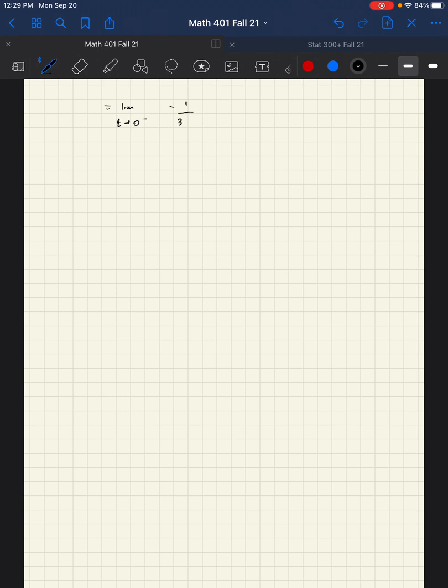So the limit as t approaches 0 from the left of -1 over 3x cubed from -2 to t, plus the limit as s approaches 0 from the right of -1 over 3x cubed from s to 3. Now, we'll evaluate both of these at the limits of integration.